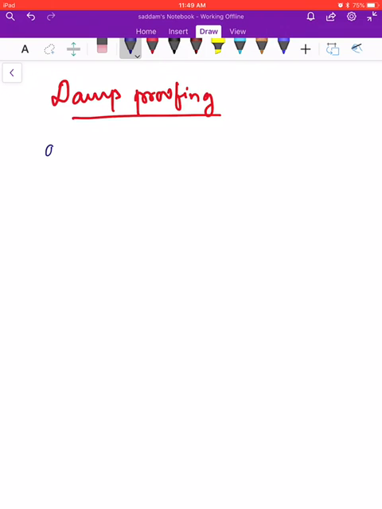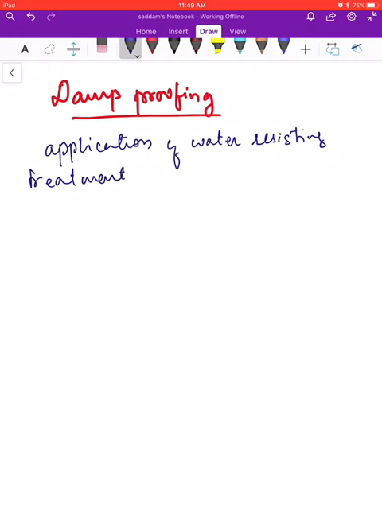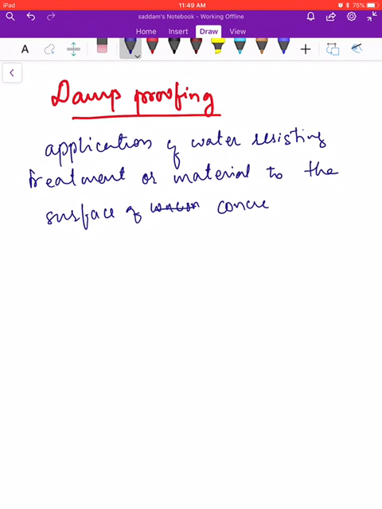It's application of water resisting treatment or material to the surface of concrete or masonry wall.